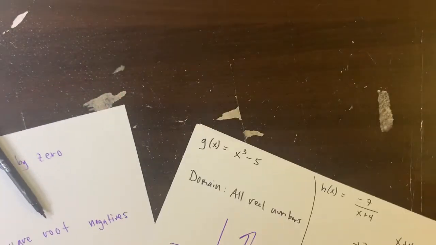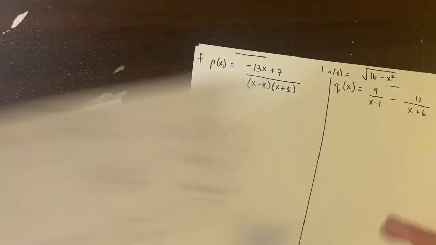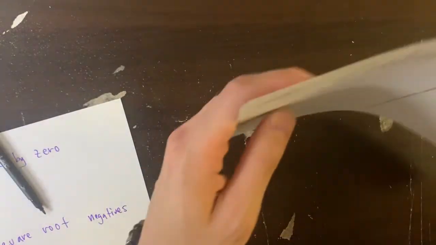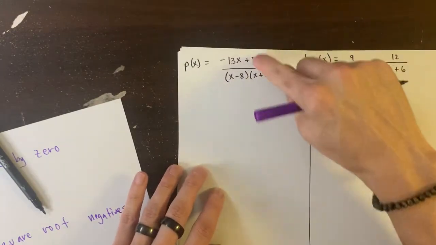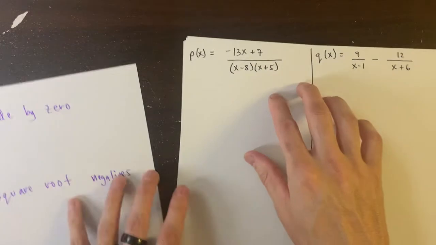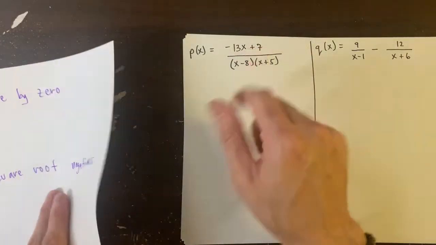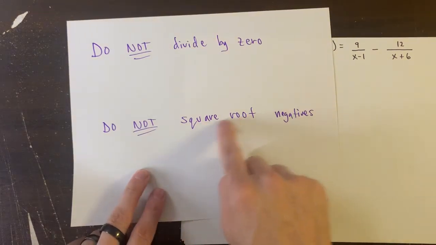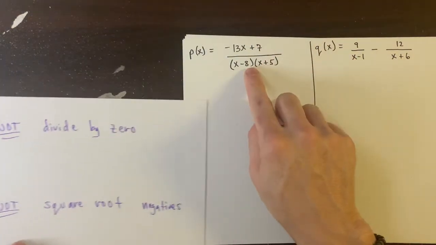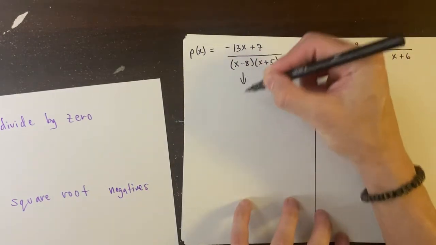So let's just keep going here, and then you'll have a better idea of what they mean by domain. So let's see. How about this one here? Notice in this one, we have a top and a bottom, the numerator and the denominator. However, in the numerator, there's nothing dangerous there because there's no square root in the top. In the bottom, however, it can be dangerous because you could possibly divide by 0.